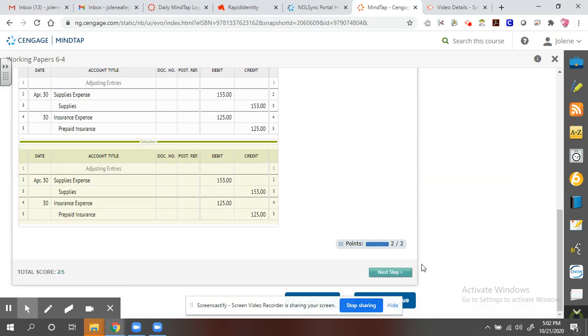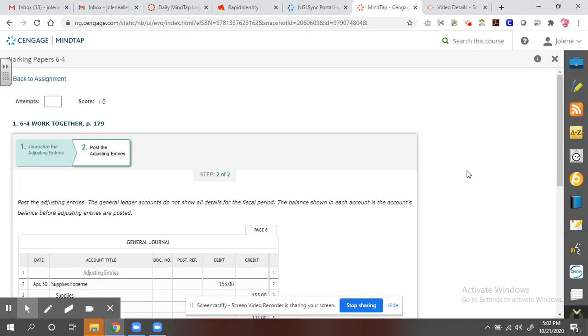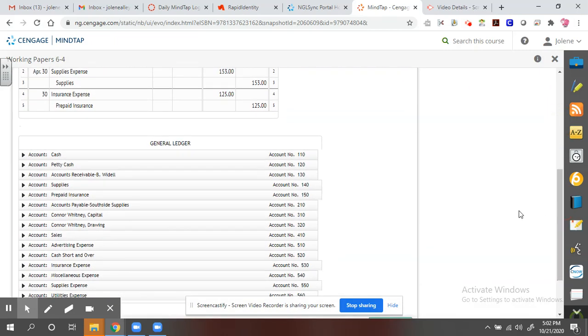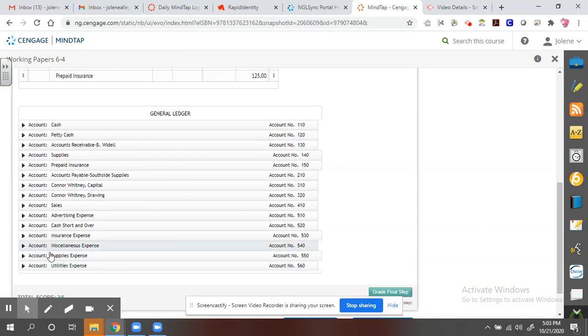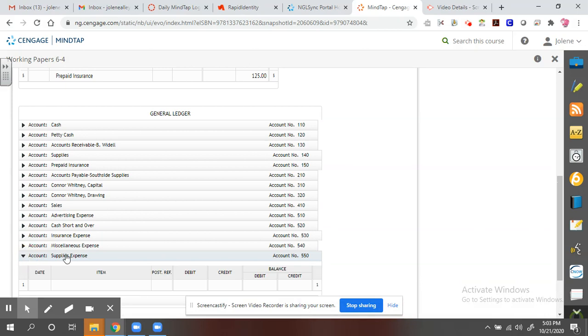And it liked it, 2 of 2. Good. So now we're going to the next step. That was just to put it in the general journal. Now we have to post these to the general ledger. The first thing I'm going to do is go to Supplies Expense, way down here at the bottom.